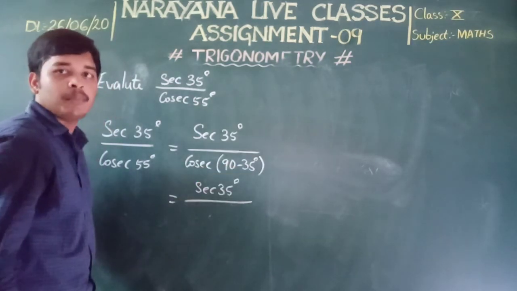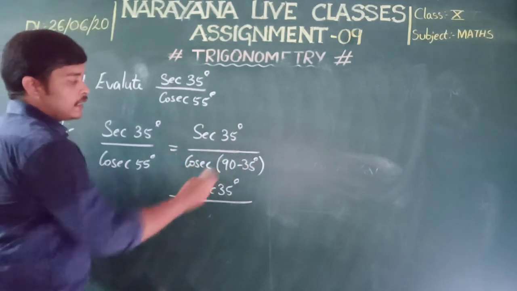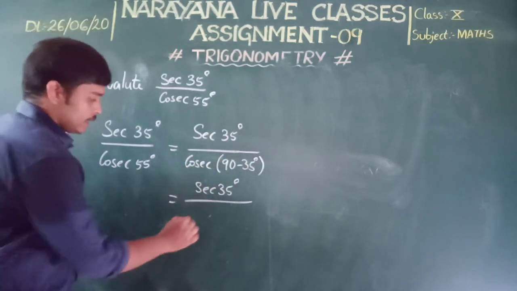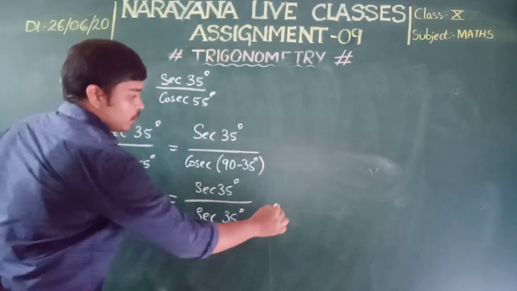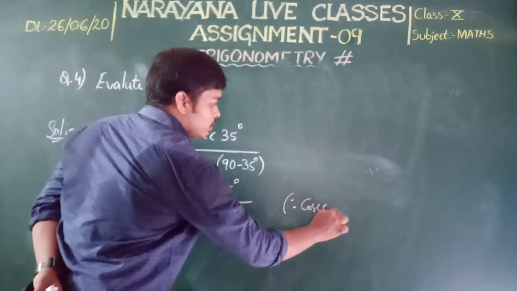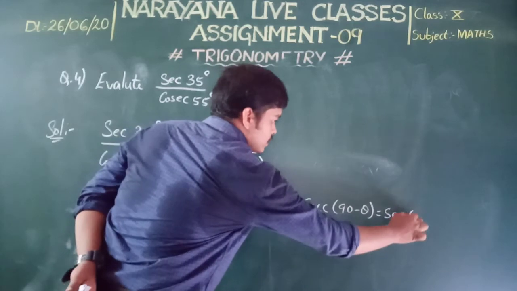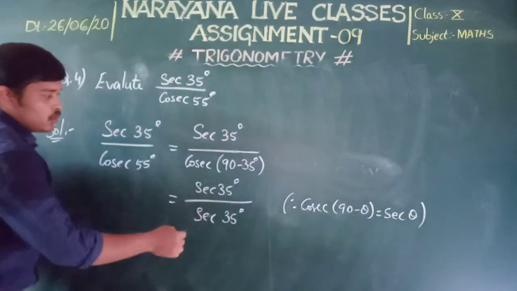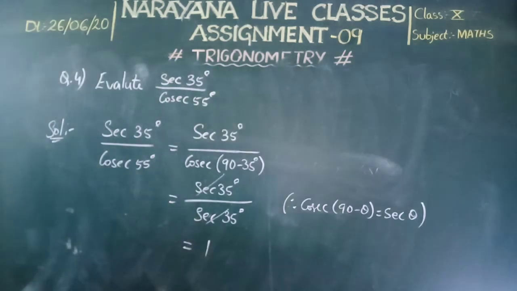Here also we are using the ratio of complementary angles: cosecant (90 minus theta) is equal to secant theta. So the secants get cancelled. Now the value of the problem is 1.